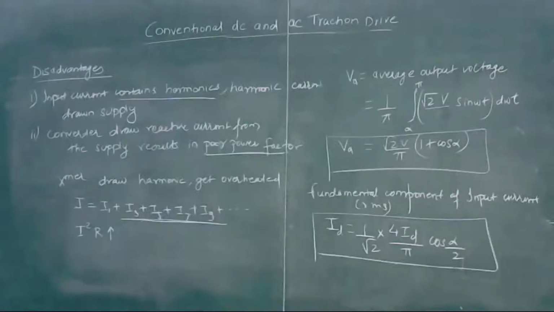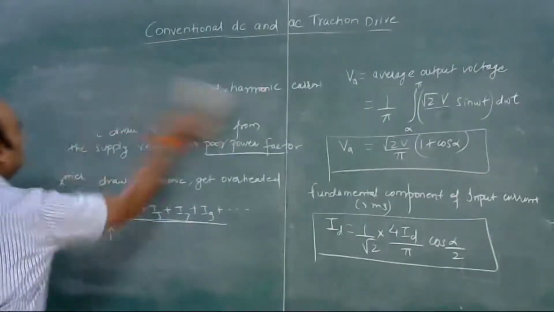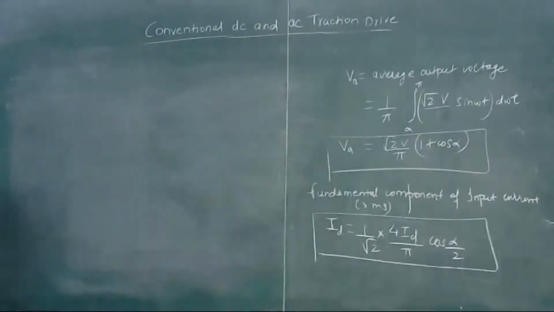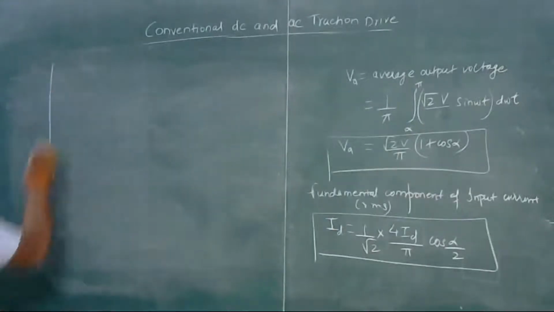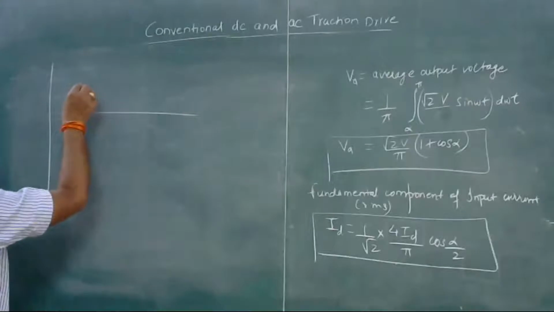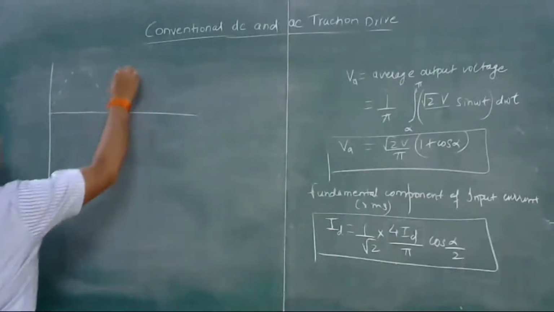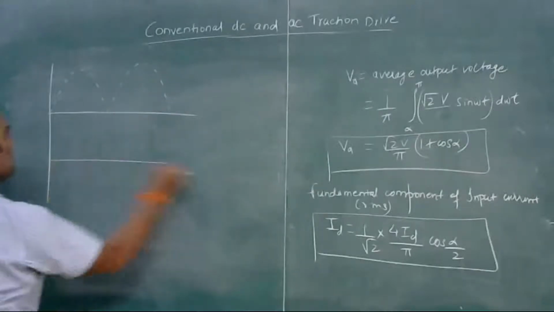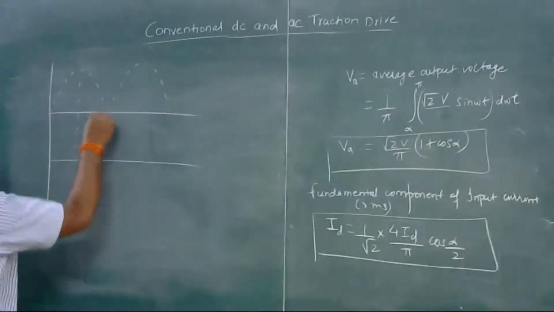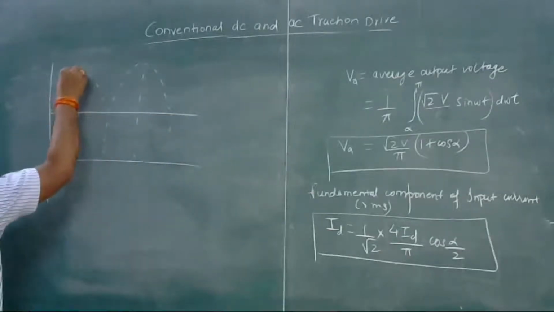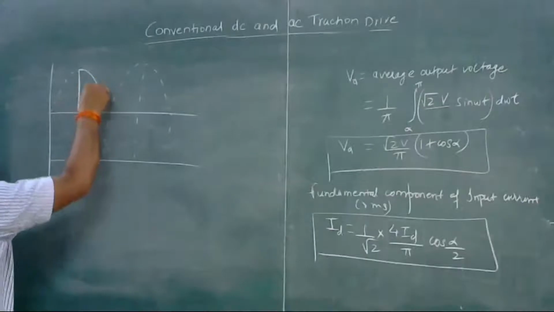So this is the displacement factor. This fundamental component of current contains harmonics. So draw it. It starts conducting from here.